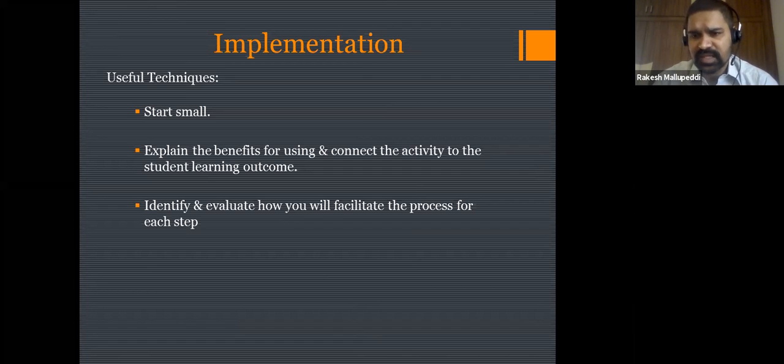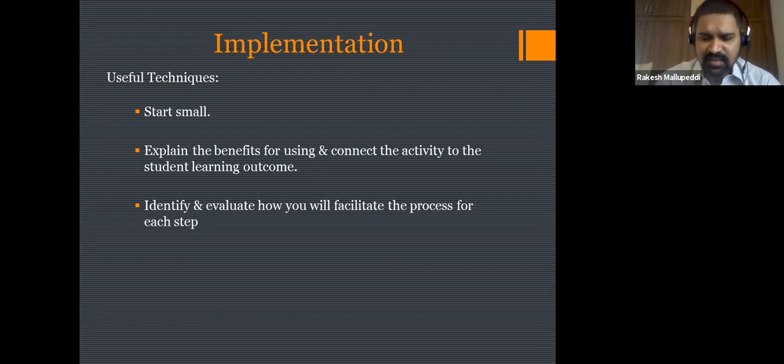Let's say you start with a group discussion and make the group small, or you do a different variation of it, and then how you will facilitate the process at each step. You need to have a small plan of how you want to do it, so that when you are implementing it in the class, you already know the way you want to use it, so it's easy for you to implement it, right?